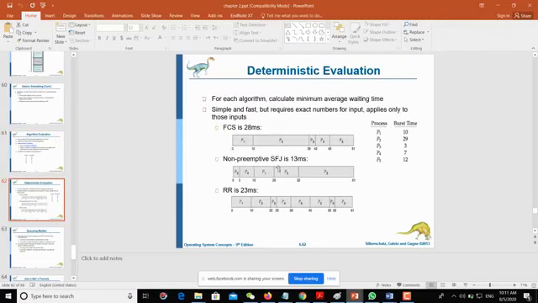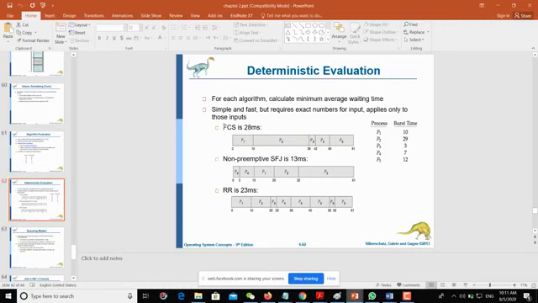This is the procedure. We have three algorithms here. The first is first come first serve, then non-preemptive shortest job first, SJF, and then RR, round robin.